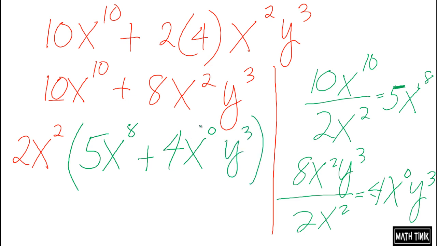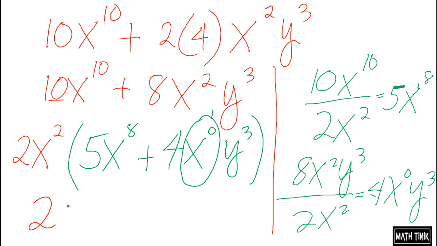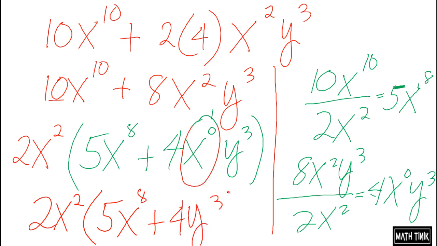And as I've said earlier, anything that is raised to 0 is 1. And therefore, our final answer now is 2x squared times the quantity 5x raised to 8 plus 4y cubed. So, ito na po yung final answer natin.